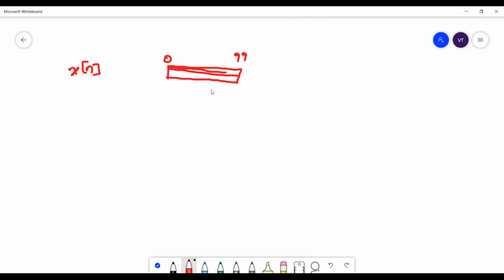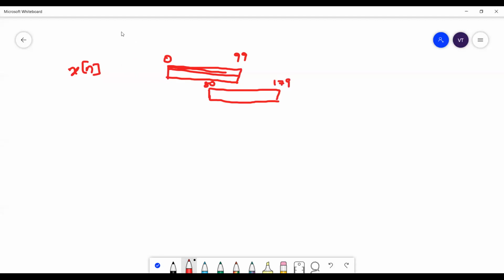Now you shift the sequence by how many samples? You shift this by 80 samples. This is x of n minus 80, so this is sample number 80 to 179. See?